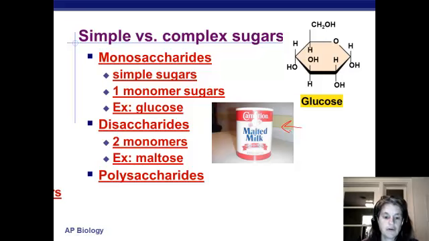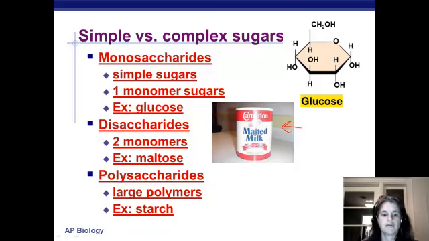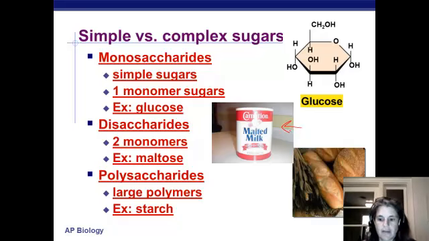That's full of maltose, a disaccharide sugar. Polysaccharides are larger polymers, of course. Polysaccharide, polymer, poly means many. So they are many sugars linked together. A great example is starch, and we'll talk all about that.